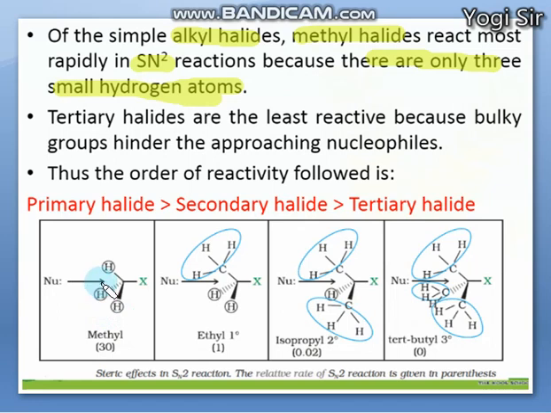This methyl group CH3 and single halogen easily undergo SN2 mechanism, and as we go from methyl to ethyl, right, now there is one more CH3 group, CH3CH2, it is ethyl. Same way here it is isopropyl, two methyl groups, it is secondary, and it is tertiary butyl, tertiary.